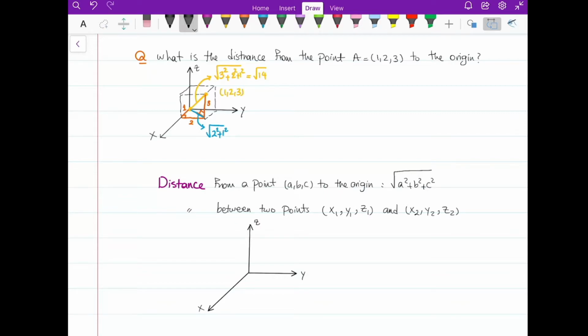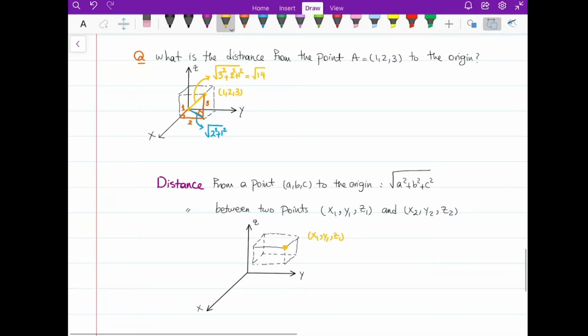If I have this point in here with x1, y1, and z1, let me move this point, exactly the same box.